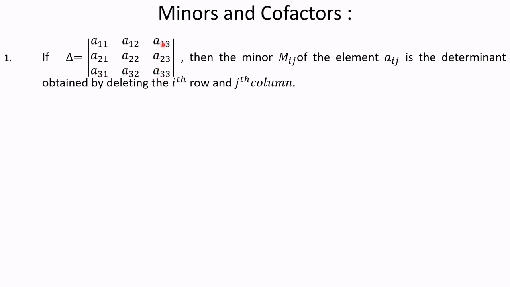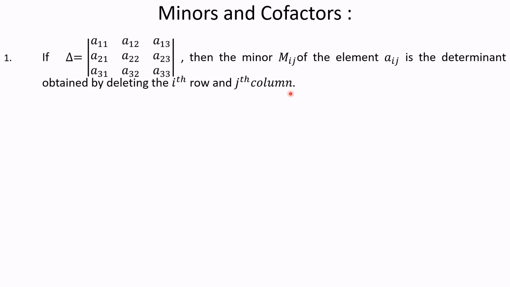This is a determinant of the third order, that is 3 by 3, 3 rows and 3 columns. Then the minor, represented by Mij of the element Aij, is the determinant obtained by deleting the ith row and the jth column.